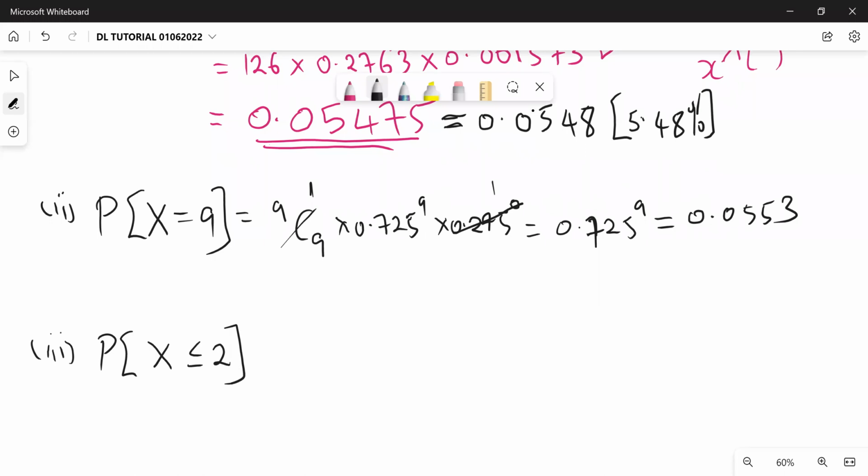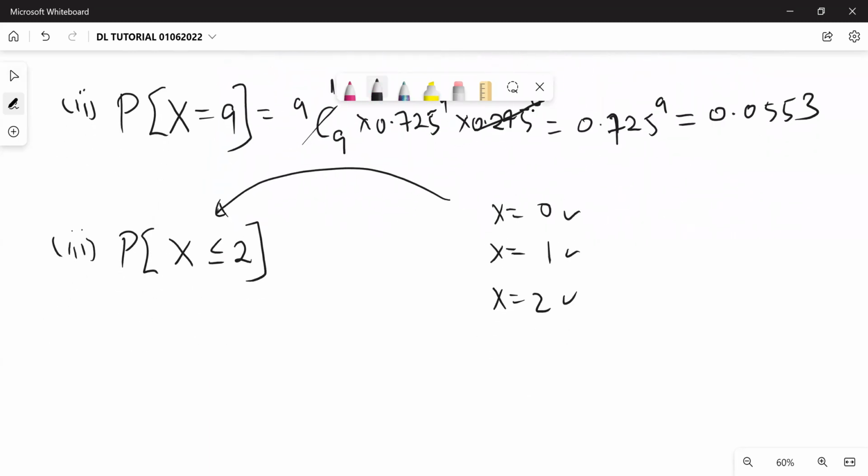When we talk about at most 2, it means that X will either be equal to 0, or X will be equal to 1, or X will be equal to 2. So those are the possible values in this scenario. Remember when we were introducing this, we said that X takes the values 0, 1, 2, all the way to N. When we say X is at most 2, it means that X is either 0 or 1 or 2.